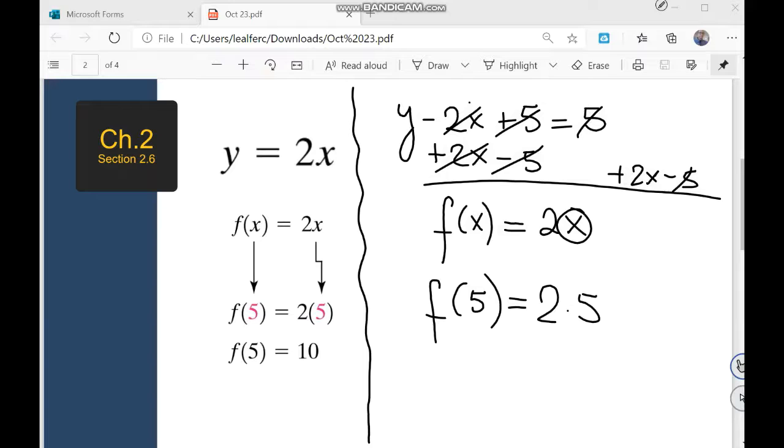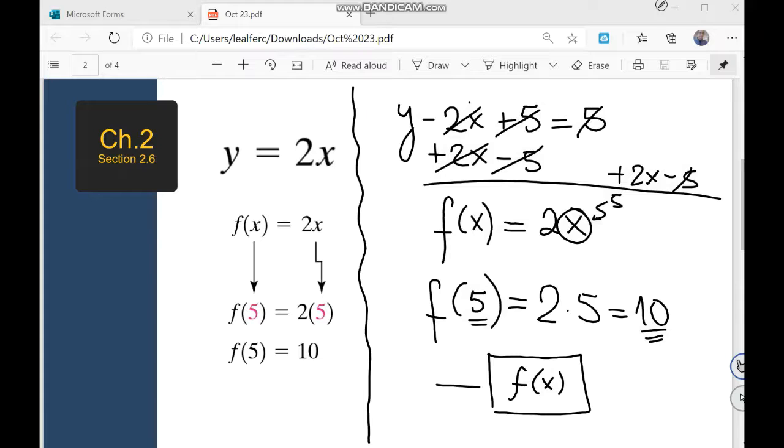We're going to plug in 5 here, right? 2 times 5 equals 10. So for the input 5, the output is going to be 10, for this particular function that we have here. And it looks like the box that we're talking about, f of x. If the input is 5, the output is going to be 10.